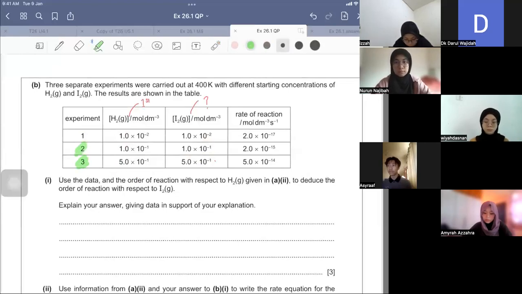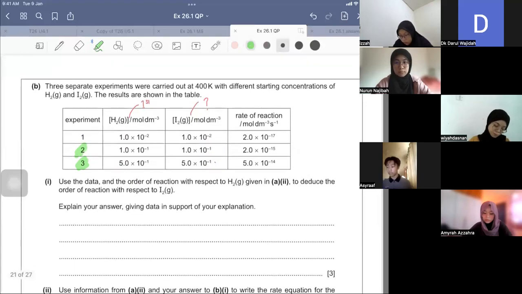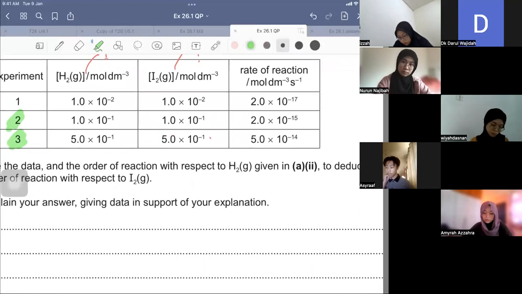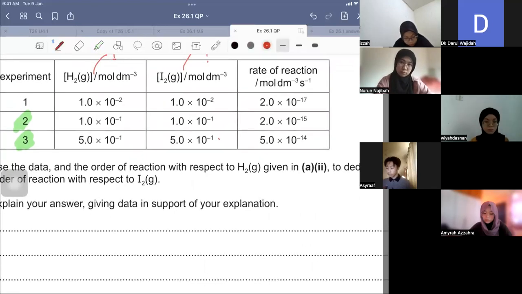Okay, to do this in a quick way, if you're already confident, you will take the increase in the concentration of your hydrogen, from 5 times 10 to the power of minus 1 divided by 1 times 10 to the power of minus 1. That is an increase of 5.